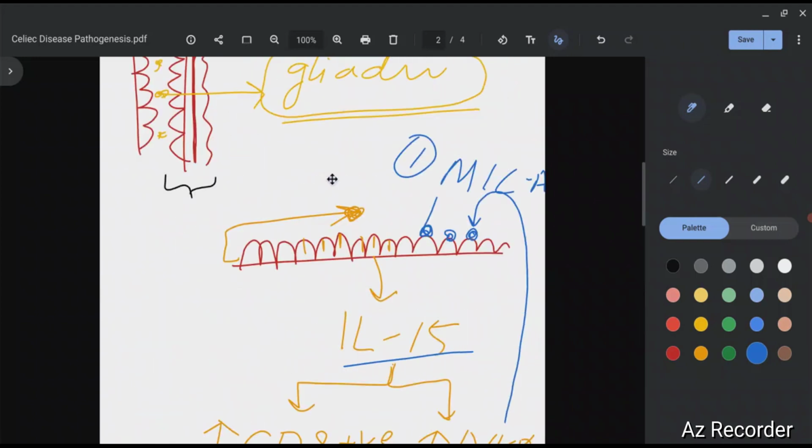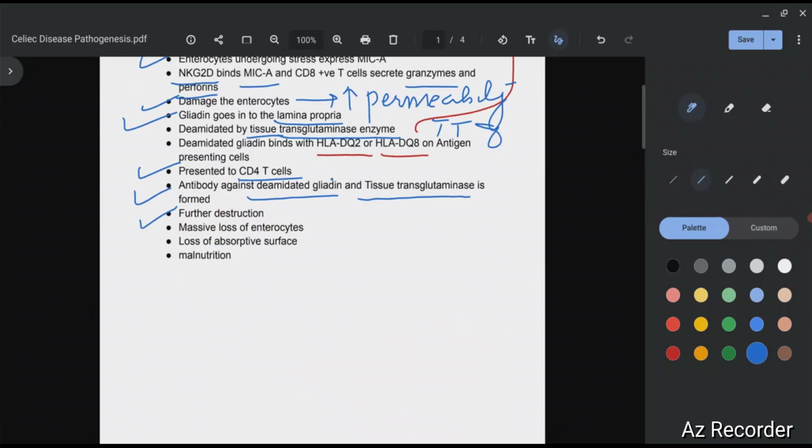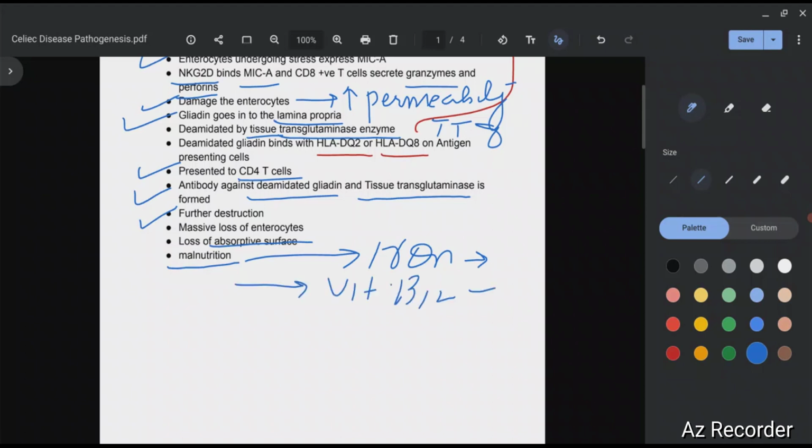When you have villus atrophy, you have loss of absorptive surface, and the patient will have malnutrition. Okay, and if the patient has malnutrition and there's iron deficiency, the patient will have microcytic anemia. If there is deficiency of vitamin B12, the patient will have macrocytic anemia, pancytopenia, and hypersegmented neutrophils. There will be paresthesia, there will be loss of vibration, okay?